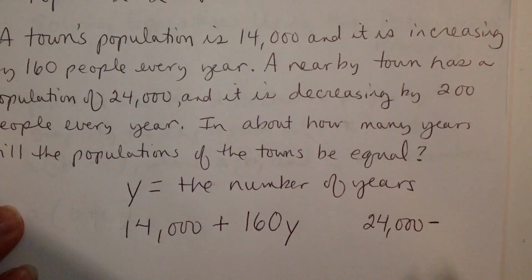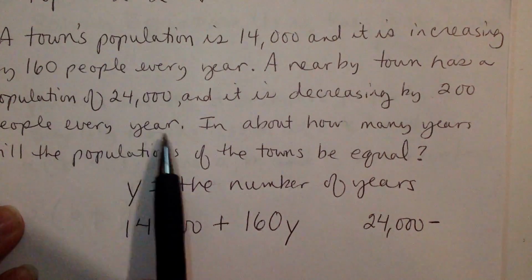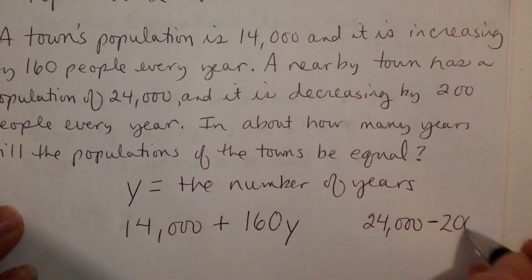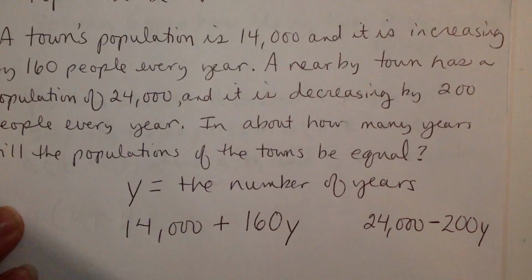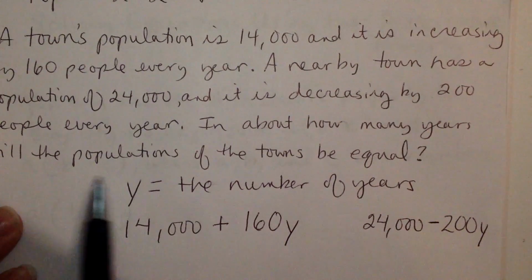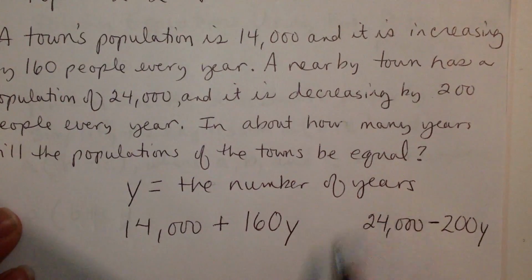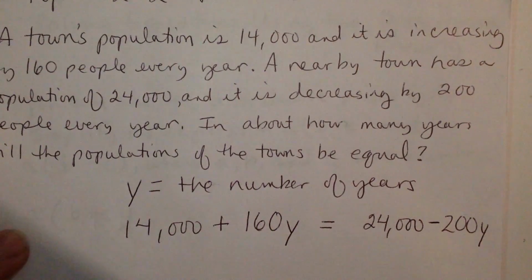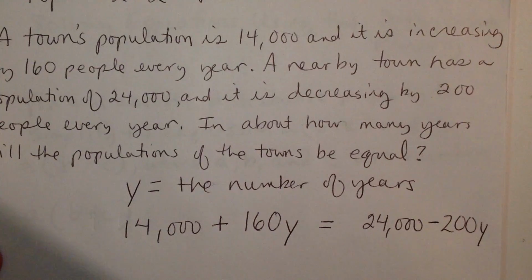Decreasing means to subtract 200 people every year. So that's 200y. Again, it's asking how many years will the population of the towns be equal. So I will need to set these two equal to one another.